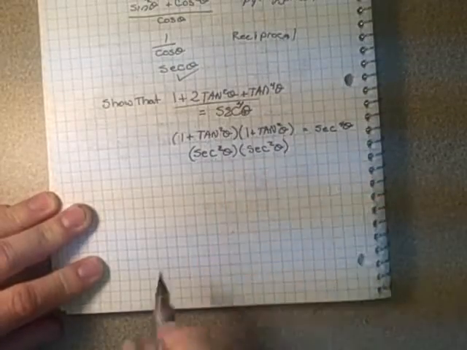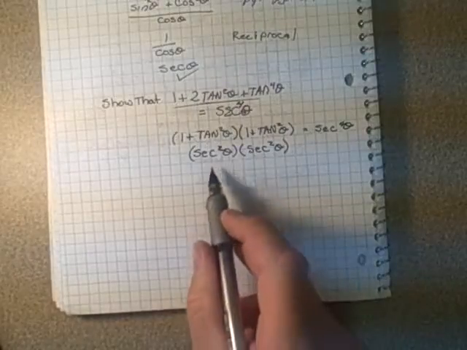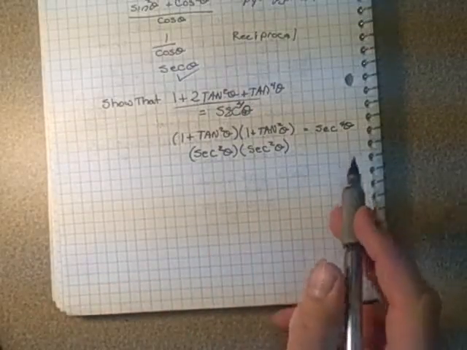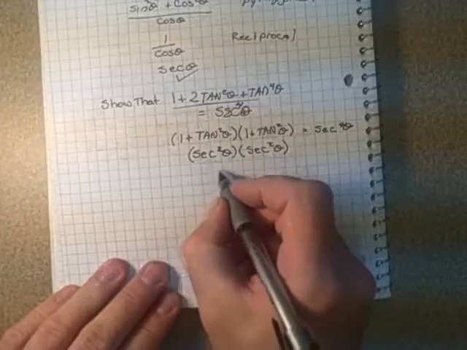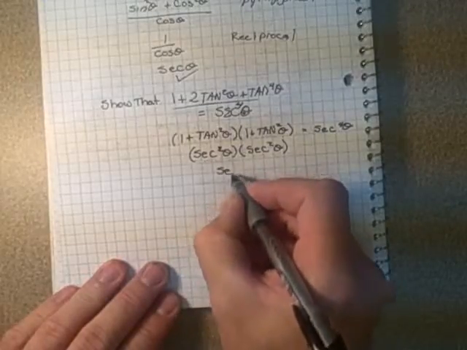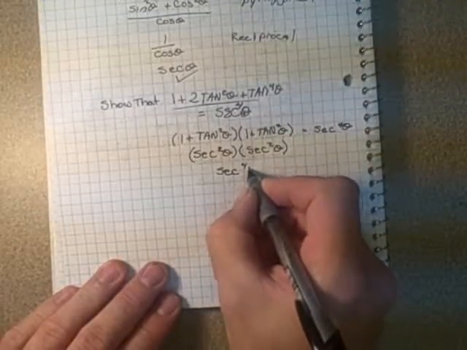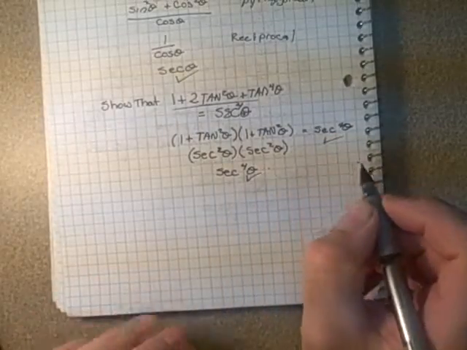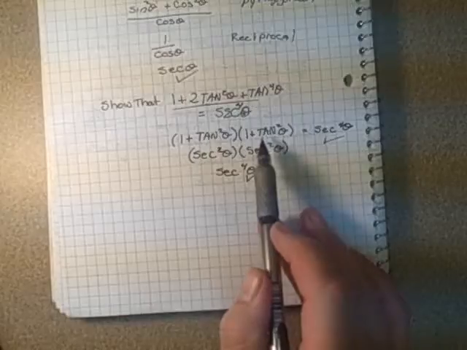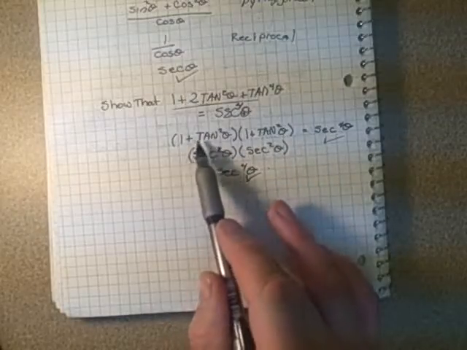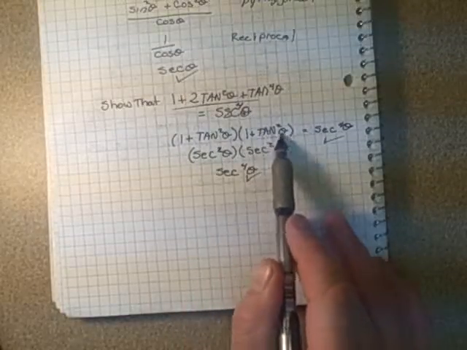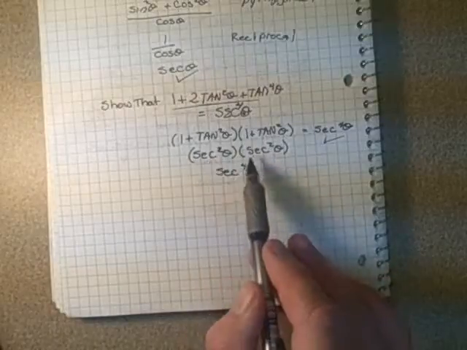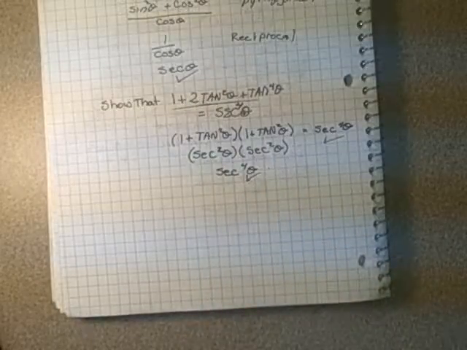Once we've done that, we simply multiply them back together to get secant to the 4th theta, and then we can see that this side and this side are equal. So we factored it, saw that each factor represented a Pythagorean identity, and then multiplied it back together to get it into that form.